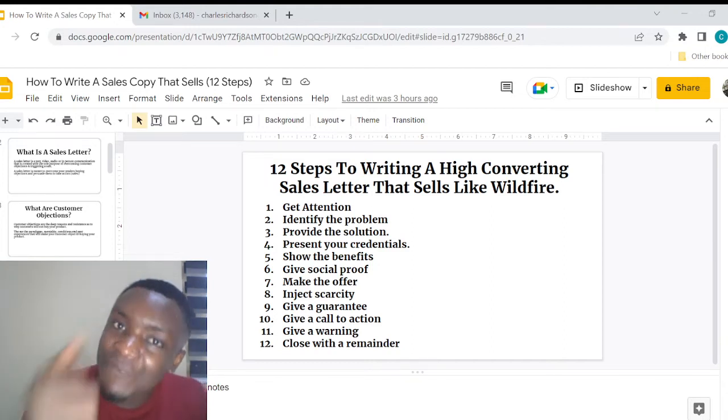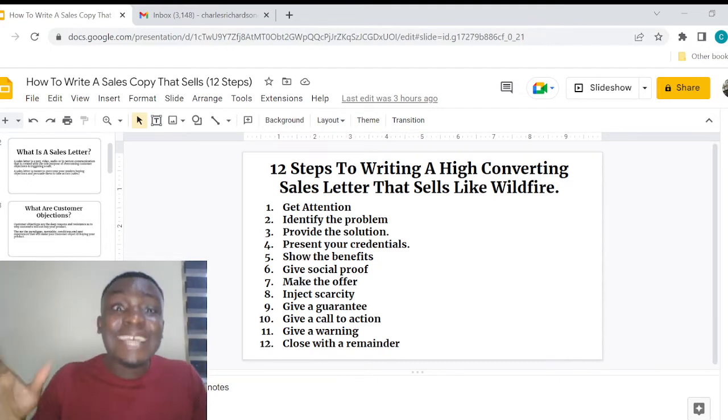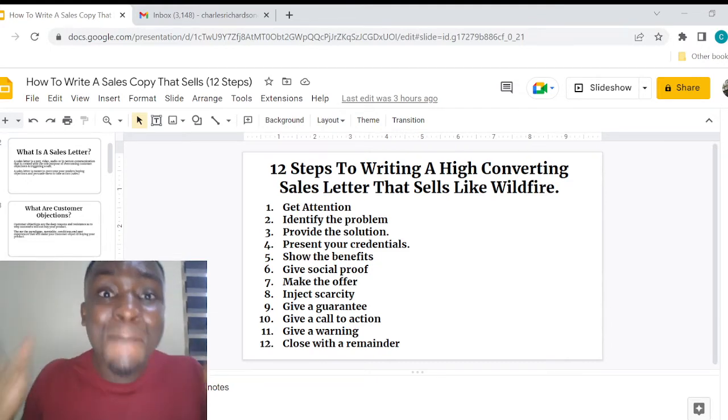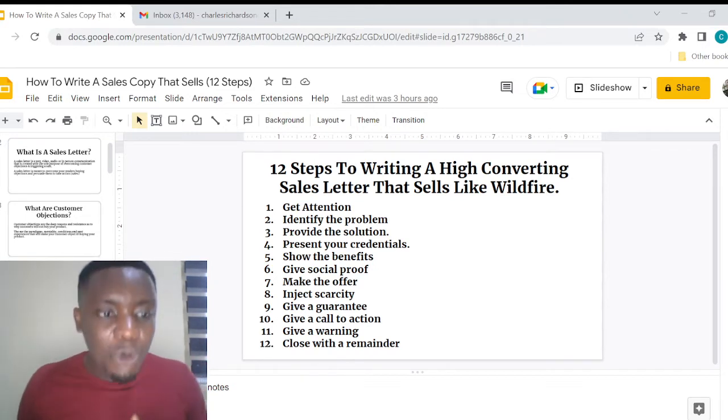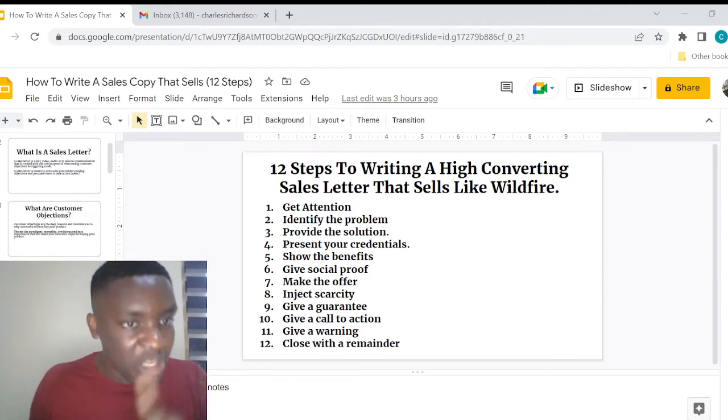Number 9, you give them a guarantee. Then number 10, you give a call to action. Number 11, you give a warning, and number 12, you close with a reminder. These are the 12 ingredients that make a high converting sales letter. Now, we are going to go over these 12 steps shortly. Keep watching.